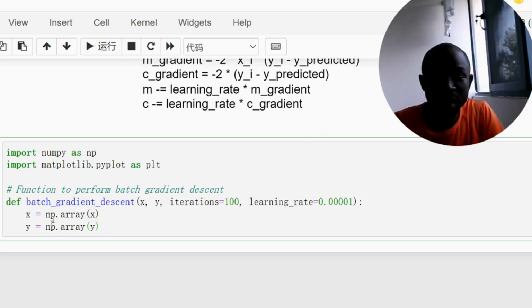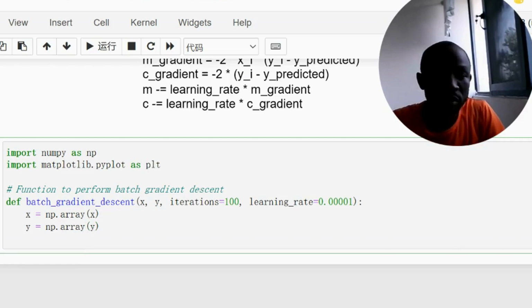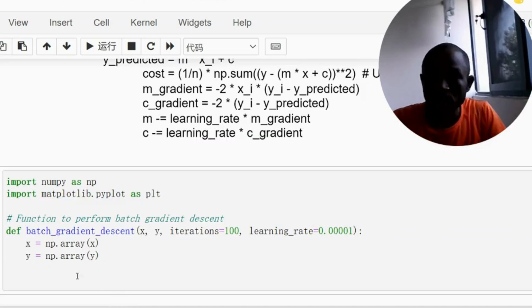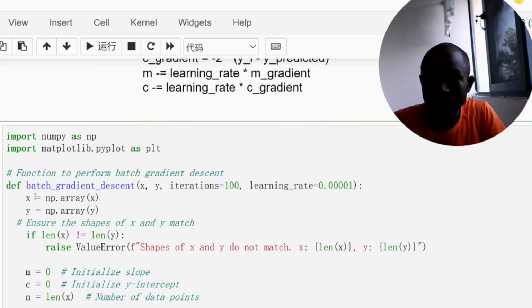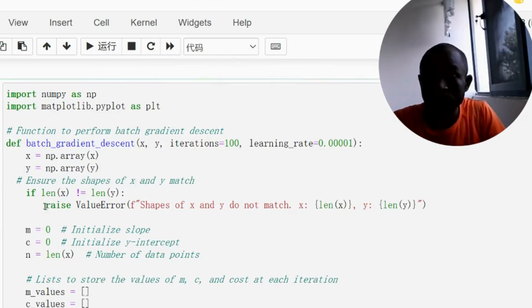Okay, so the x is an np array, we change it to a numpy array, right? So at this point, when we change it to a numpy array, we have this other line of code that ensures the shapes of x and y match.